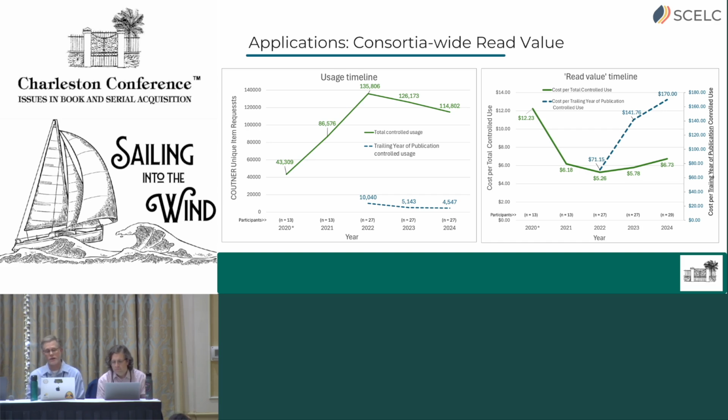Looking at the read value timeline on the right and focusing on the most recent 3 years, we can see that while the solid line increases by about 10 or 20% from 2022 to 2024, the hashed line showing the cost per trailing year of publication use more than doubles in 2023.